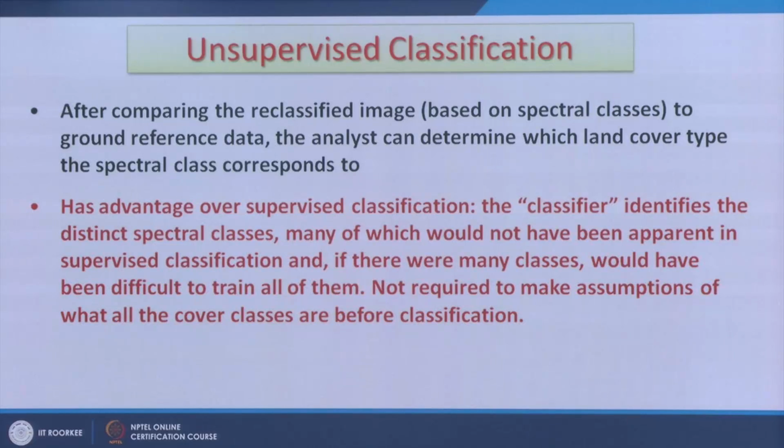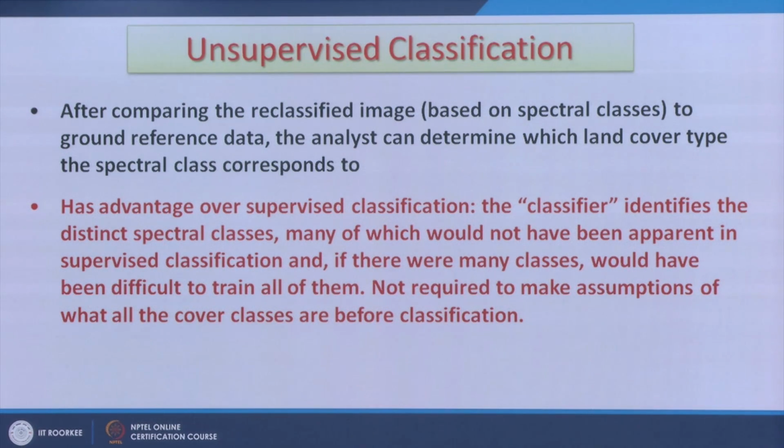Unsupervised classification has an advantage over supervised, because here it is done by the computer. In supervised classification, we might choose a wrong area as a training site. A training site has to be a very exclusive area where we are sure that this is definitely a dense forest, bare soil, bare rocks, water body or sand body, and only then should we assign it.